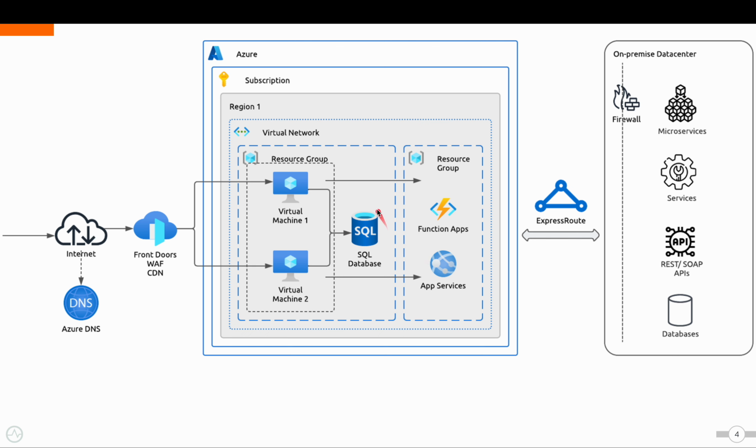So we will have two virtual machines deployed over here in another separate resource scope. Both the virtual machines will contain WSO2 API Manager, and then both the virtual machines will point to a SQL database to store the metadata.